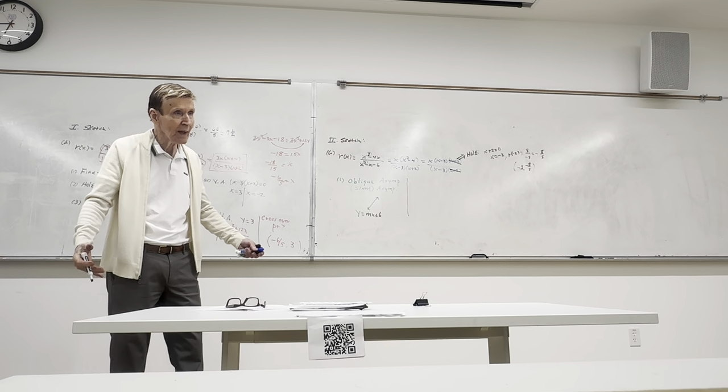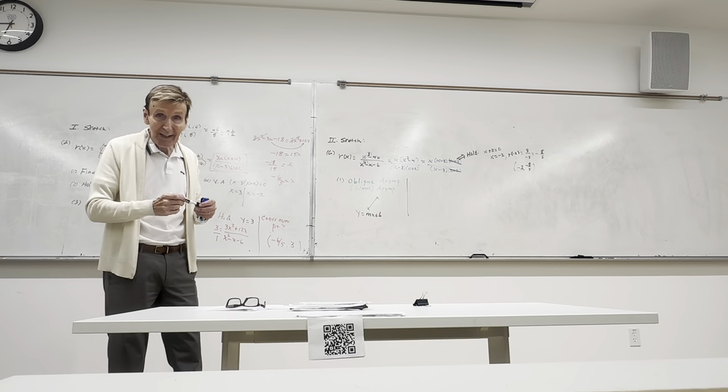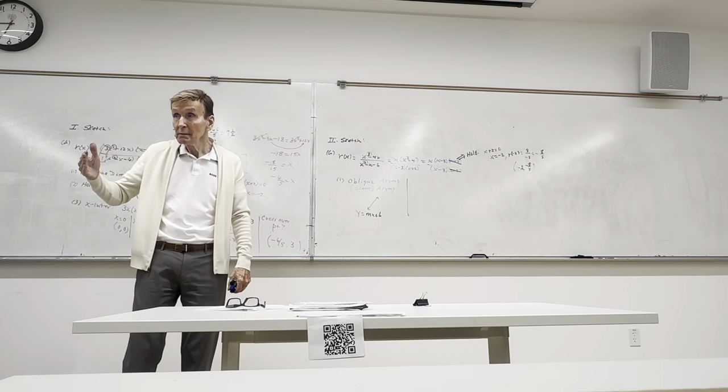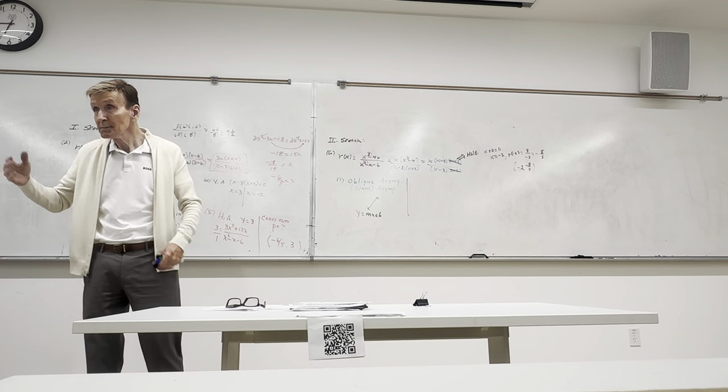I've got to find what that mx plus b is. And that line, when I find it in that form, mx plus b, that's my slant oblique asymptote.